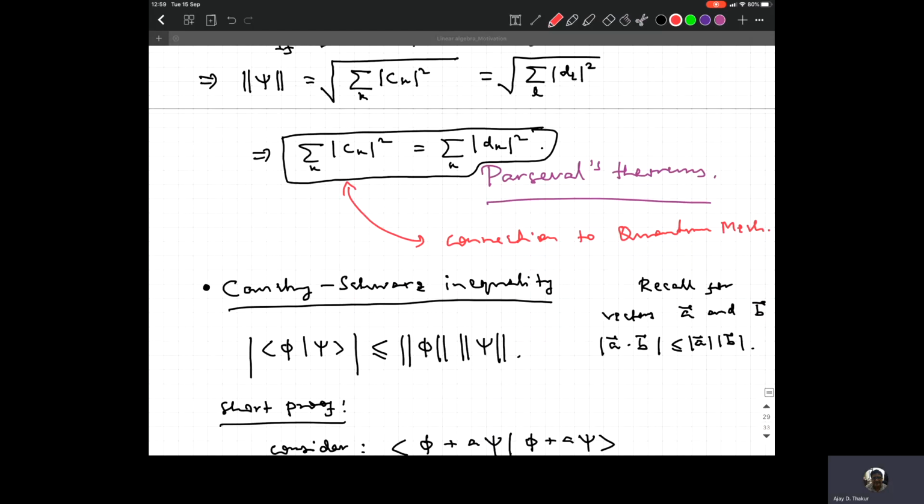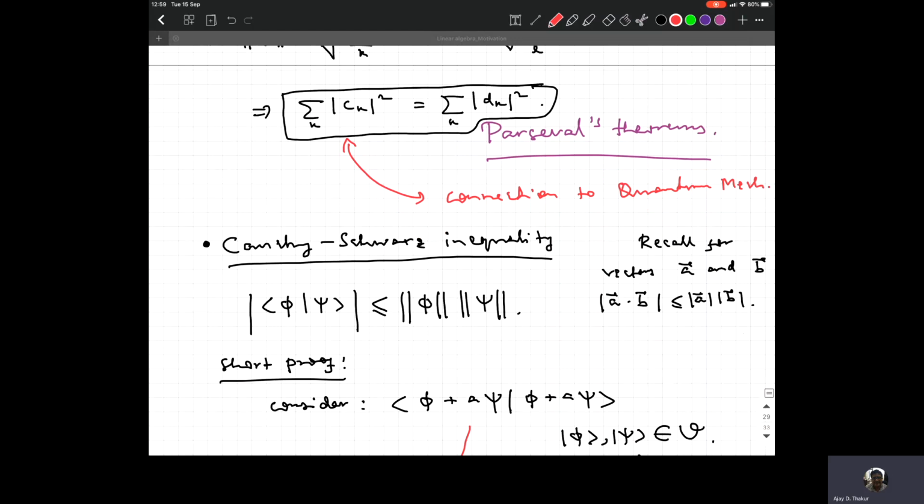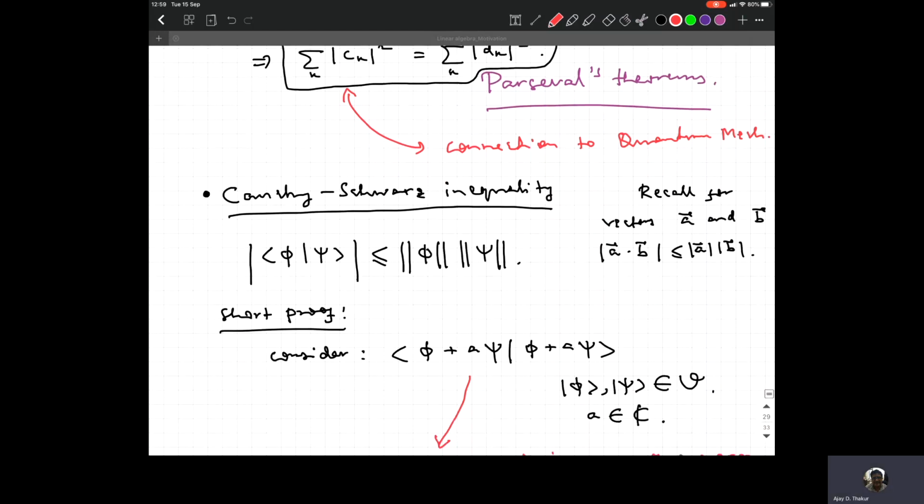The next result which is relevant is the Cauchy-Schwarz inequality. What we talk of is on the same lines as the typical vector identities that we had for conventional Cartesian coordinate vectors. The dot product of A dot B had a magnitude which was less than or equal to the product of magnitudes of vector A and vector B respectively.